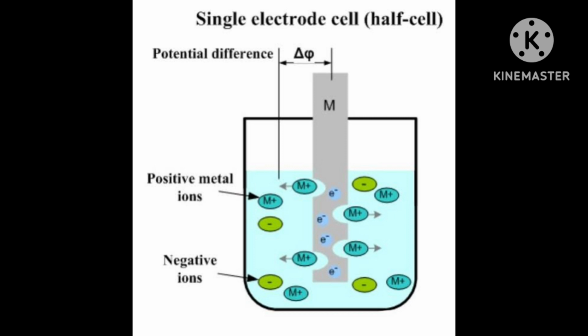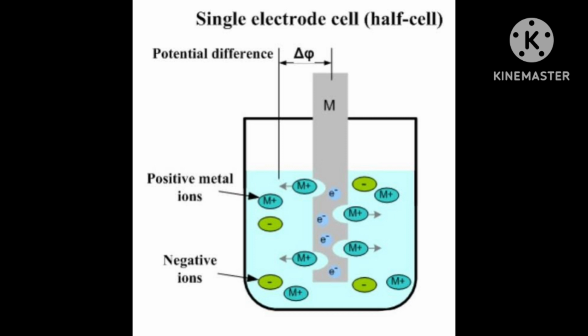Suppose ZnSO4 has concentration 0.1 M, and on the cathode side is copper in copper sulfate solution. Suppose its concentration is 0.2 M. Then you write 0.2 M. Correct? This is the correct way to represent the cell.